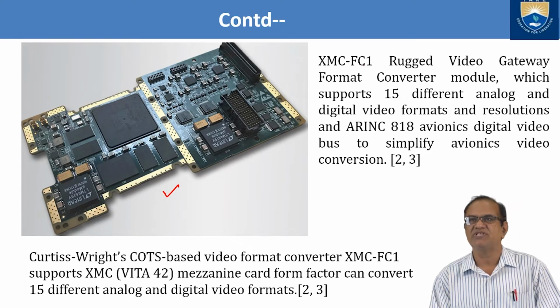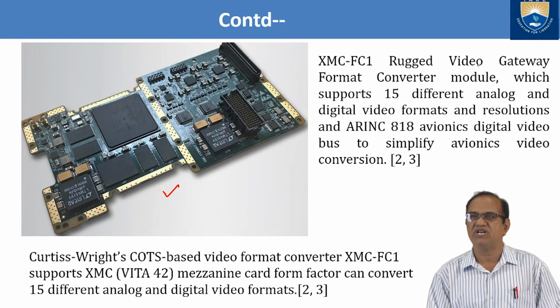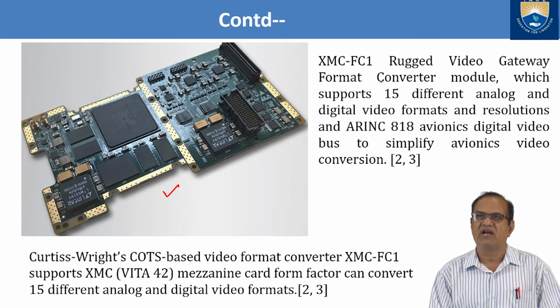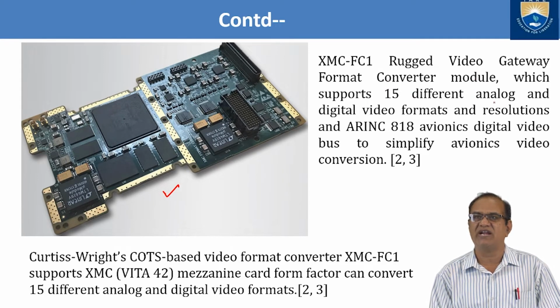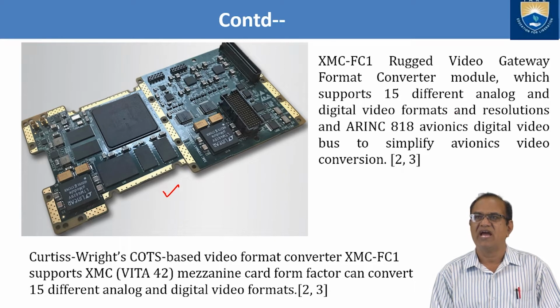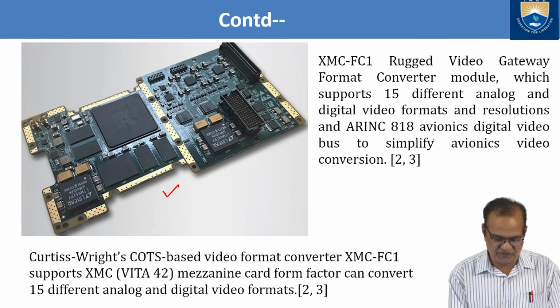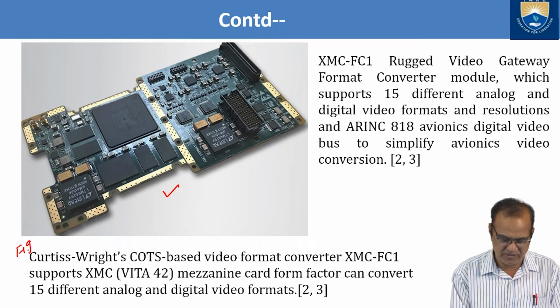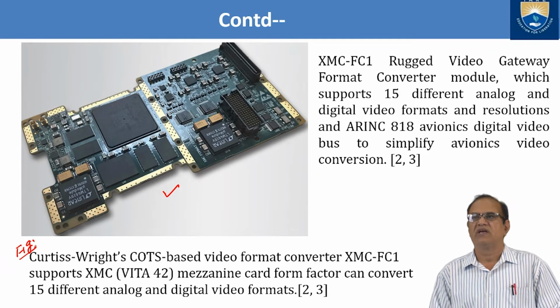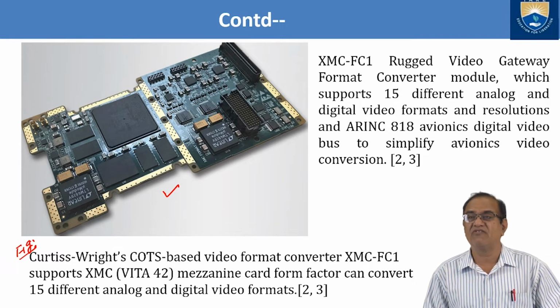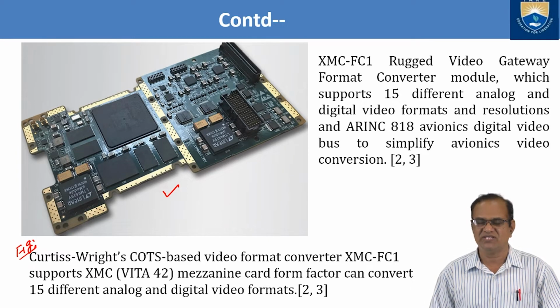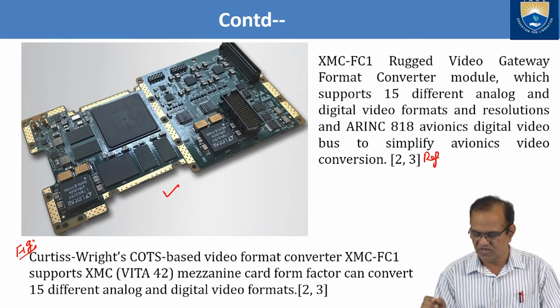It is called the XMC FC1 rugged video gateway format converter module, which supports 15 different analog and digital video formats and resolutions, and ARINC 818 avionics digital video bus to simplify avionics video conversion. This is the figure. This is reference 2 and 3.